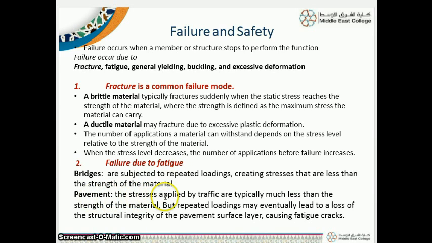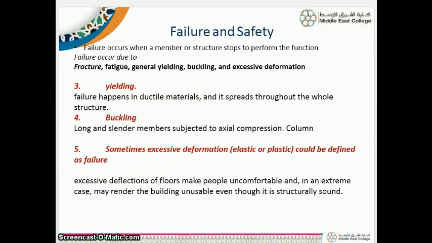In pavement, the stresses applied by traffic are typically much less than the strength of the material, but repeated loadings may eventually lead to a loss of the structural integrity of the pavement surface layer, causing fatigue cracks. So this is due to fatigue. In bridges and pavements, due to repeated loadings, we may have this type of failure.